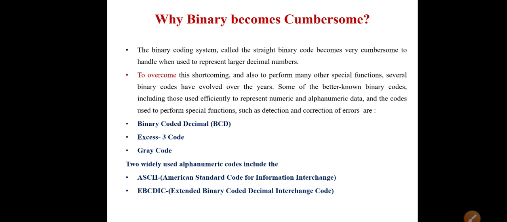Some of the better non-binary codes, including those used efficiently to represent numeric and alphanumeric data, and the codes used to perform special functions such as detection and correction of errors, are binary coded decimal, Excess-3 code, and Gray code. Two widely used alphanumeric codes include ASCII, that is American Standard Code for Information Interchange, and EBCDIC, that is Extended Binary Coded Decimal Interchange Code.